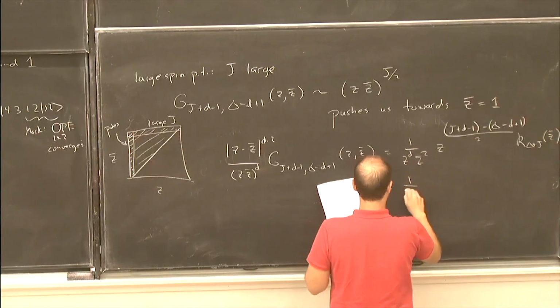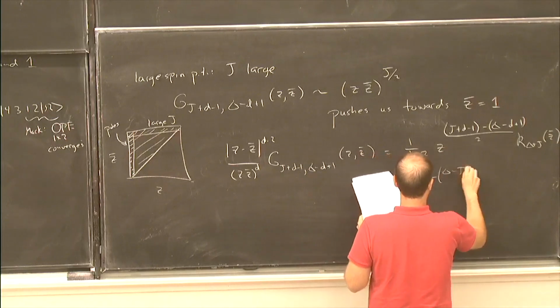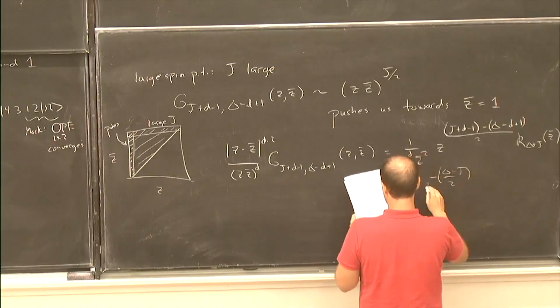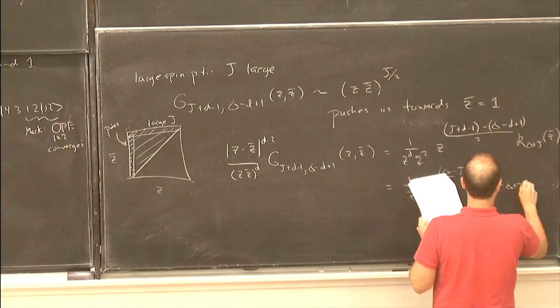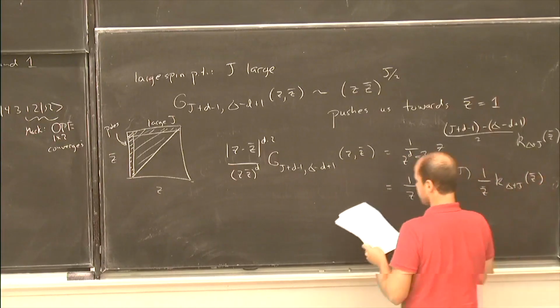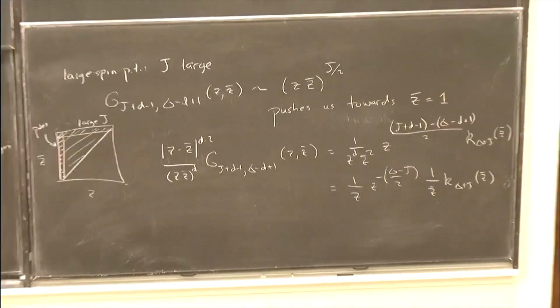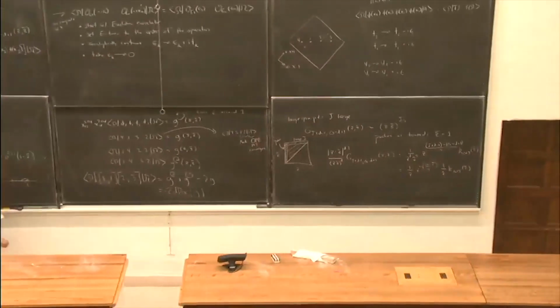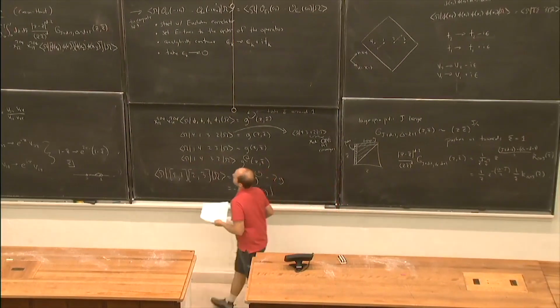And we can just cancel some factors: 1 over z, z to the minus delta minus j over 2, 1 over z bar, k delta plus j of z bar. Again, I'm going to keep that formula up there. So that's the funny block times the measure.